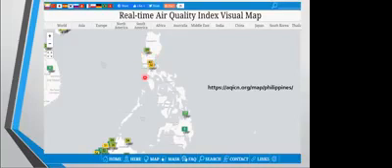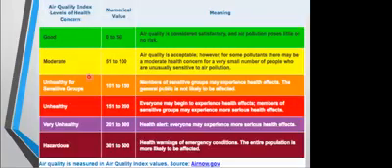So if you have respiratory problems or even asthma, maybe you are sensitive to this numerical value or to this quality index level for your health. So those are just examples. This one is the meaning of an air quality index level.